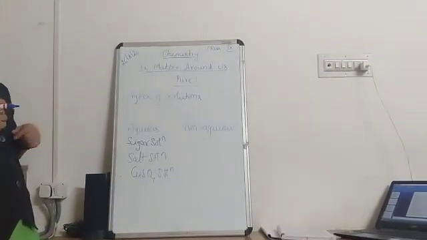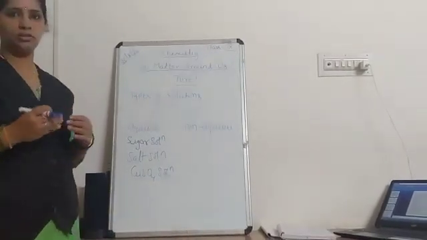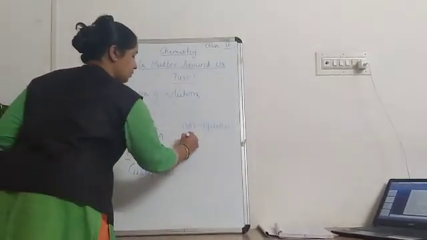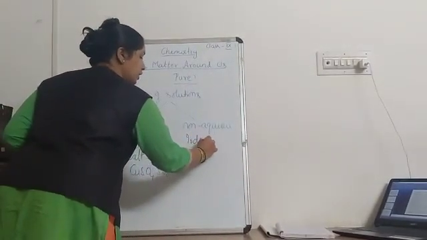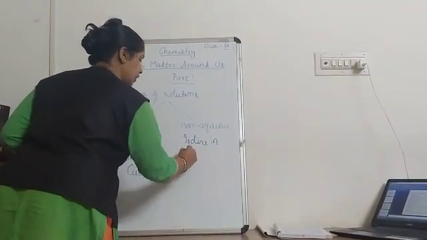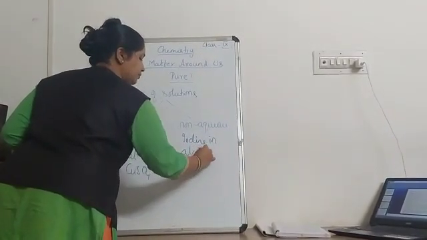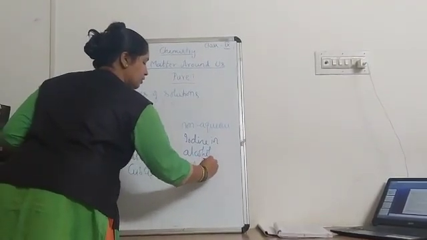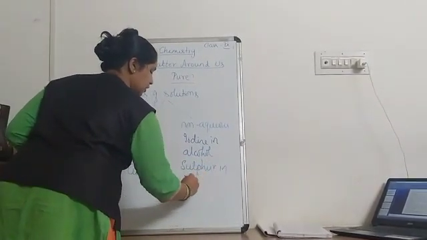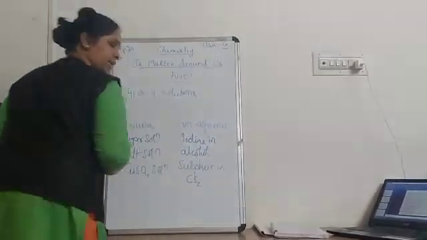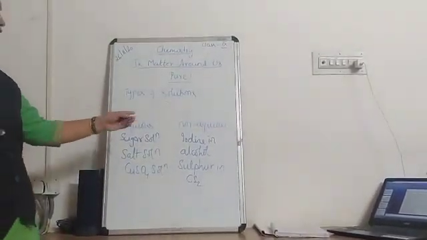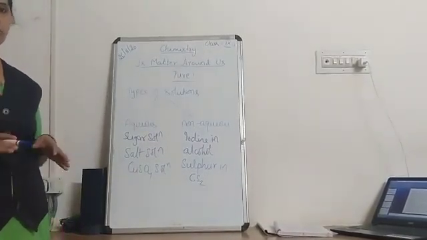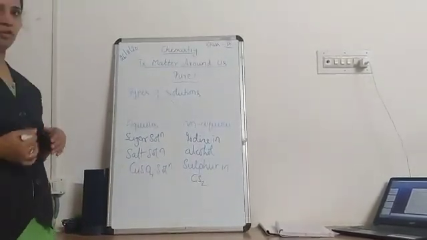Coming to the non-aqueous solutions, the solvent will be other than water. As an example, you can give iodine in alcohol, then sulfur dissolved in carbon disulfide, etc. These are some of the examples of non-aqueous solutions where water will not be the solvent, whereas some other liquid will be the solvent.